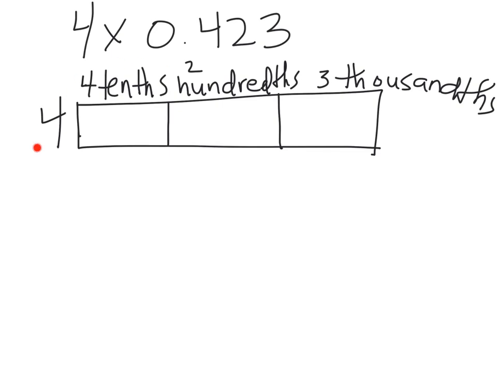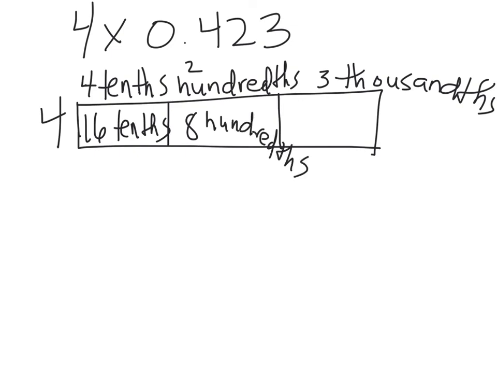So 4 times 4 tenths is 16 tenths, and 4 times 2 hundredths is 8 hundredths. And 4 times 3 thousandths is 12 thousandths.